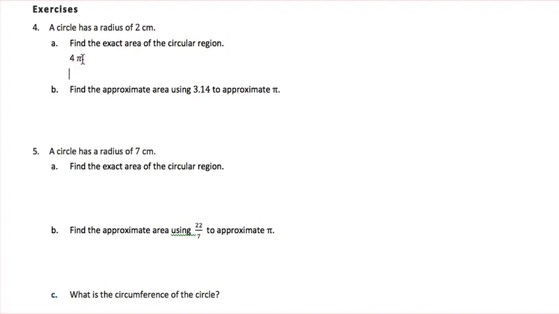On the other hand, if we're looking for the approximate area using 3.14, then we'll take our radius squared, which is 4, and we'll multiply it times 3.14. And the approximate area is 12.56 square centimeters. Let's go up and label this one as well.